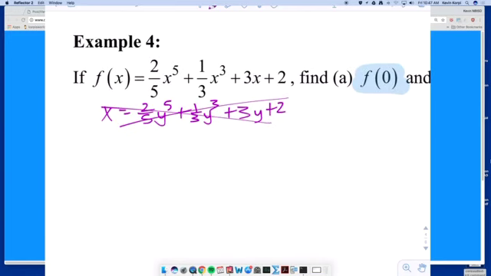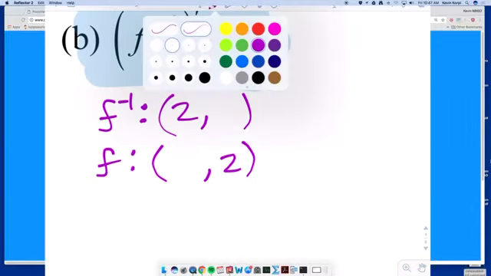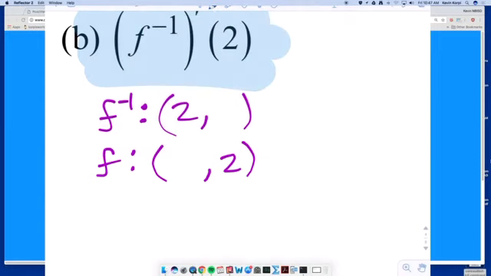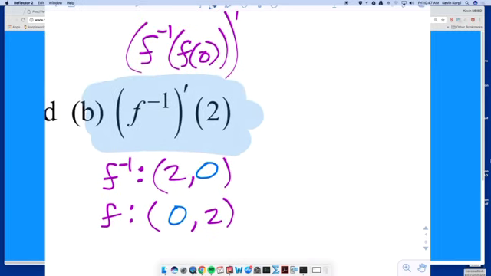All right, well, let's go ahead and plug in a 0 for x and see what we get on function f. We get 0 plus 0 plus 0 plus 2. There's the hint, right? So we kind of found it. On function f, there's an ordered pair called 0, comma 2. Use blue. Which means on f inverse, there's a corresponding point called 2, comma 0. And here's what I know then, without even doing any other calculus.